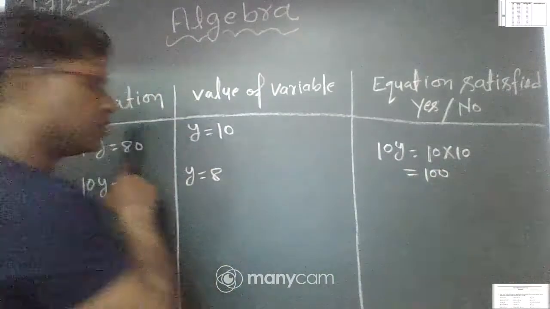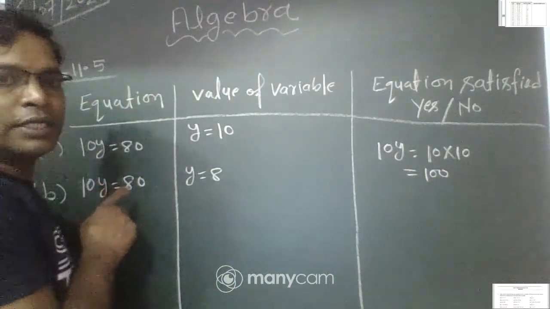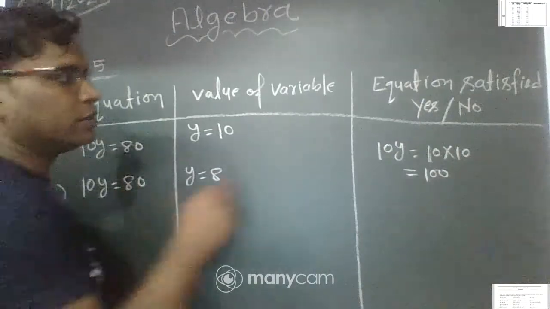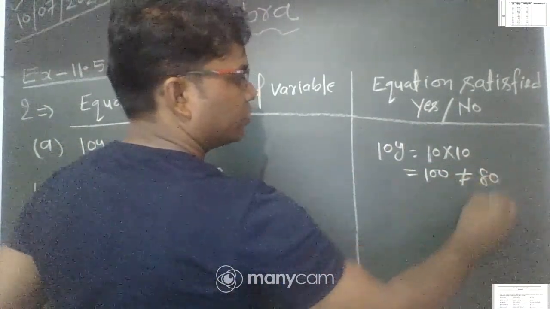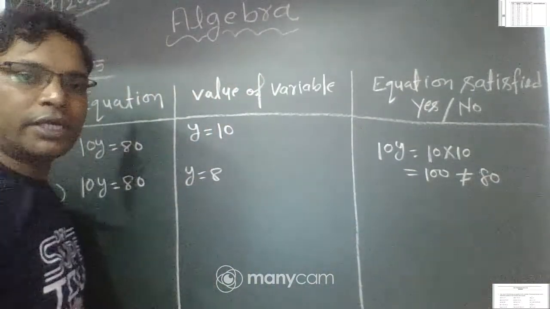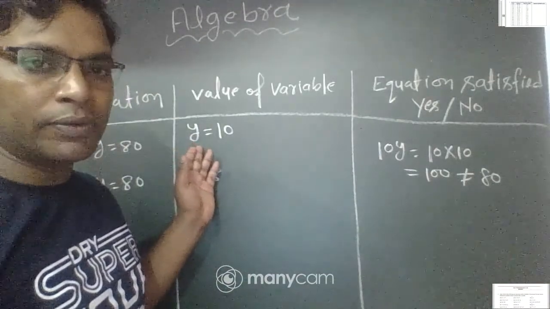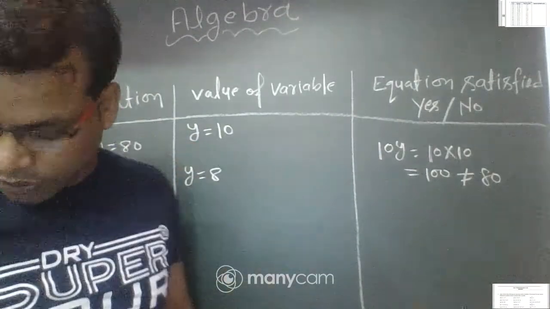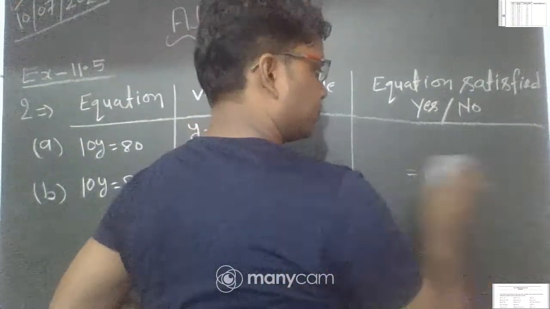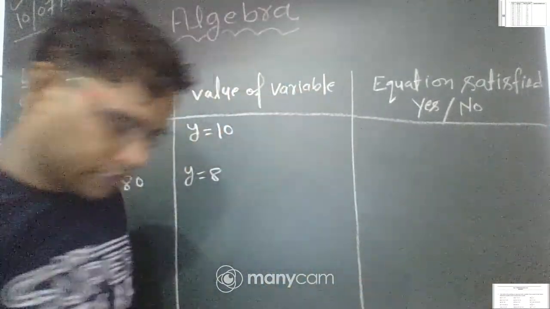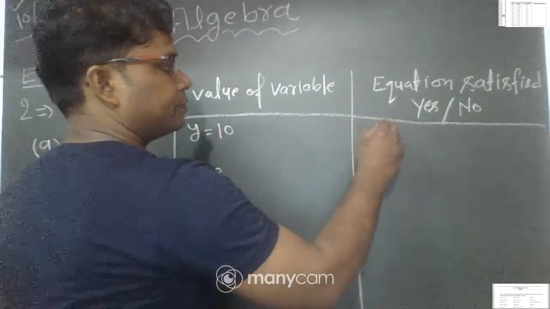Okay, but here this is equal to what? Here this is equal to 80. So this is not equal to 80. So we can say the equation is not satisfied when the value of y is 10. So we write here no.